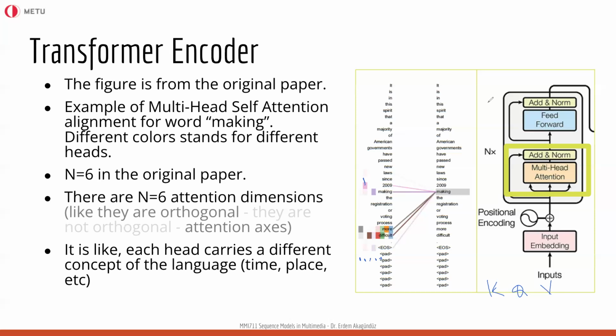But we don't have to, because this is a neural network. We don't care about transparency in the first place. So that's what it does. That's why we have multi-head self-attention to represent different aspects of a sentence. So this was an example from relating making to 2009, and I said one of the dimensions is maybe related to time, but it doesn't necessarily have to be.